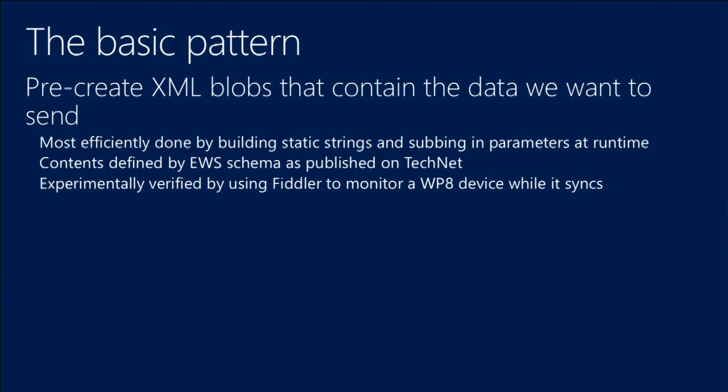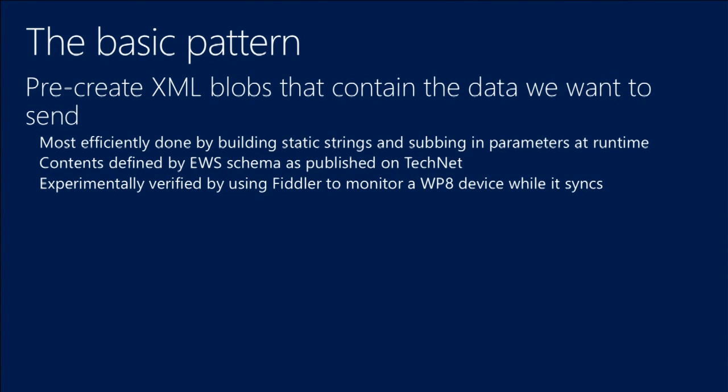It's basically a scheme for a client and a server to cooperate so that the server will receive a block of XML that has some elements in it that the client wants to share. And then the server will parse that element and do something and then return a block of XML as response. So what you're going to see when we start looking at these blocks of XML is that they are wordy descriptions of operations that we want to happen in a particular format that the server expects to see.